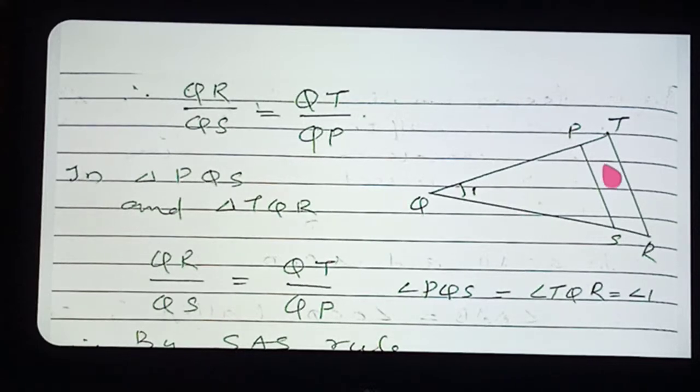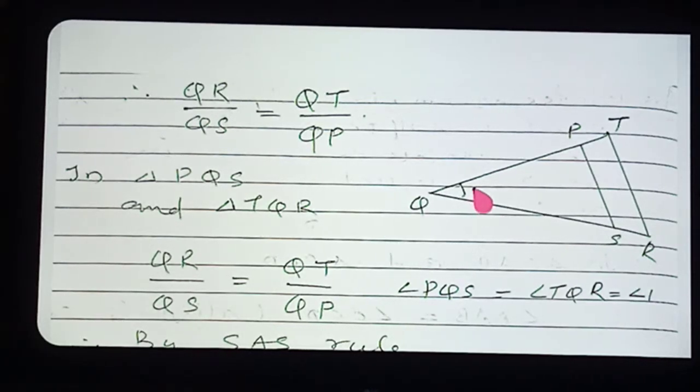In these two triangles, what have you got? QR by QS is equal to QT by QP. And their included angle, PQS, same as TQR, is angle 1.